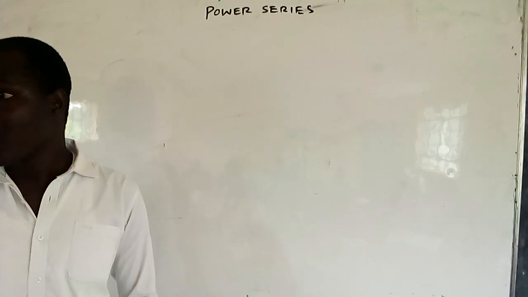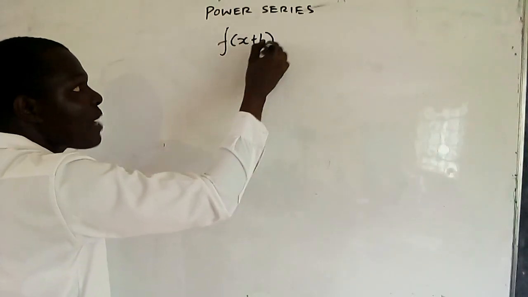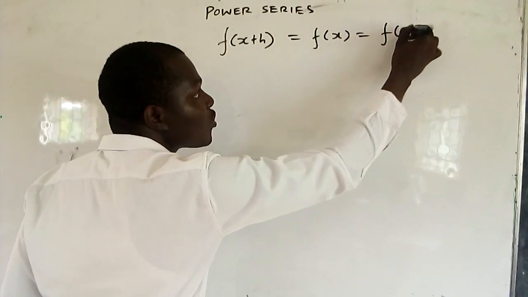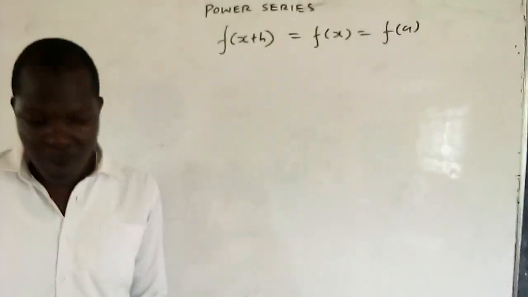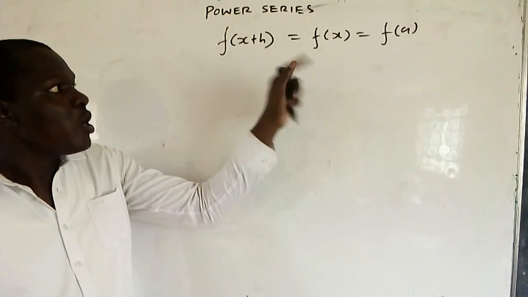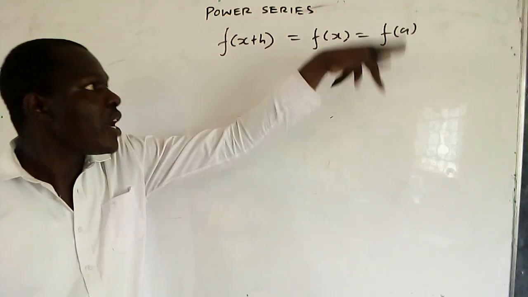Are we together there? Yes. So you see, you start from the function f of x plus h to be equal to f of x to be equal to f of a. This is the algorithm I want you to use. Are you seeing that? From f of x plus h, if you eliminate h, you get f of x. Then from x, when x is equal to a, you get f of a.